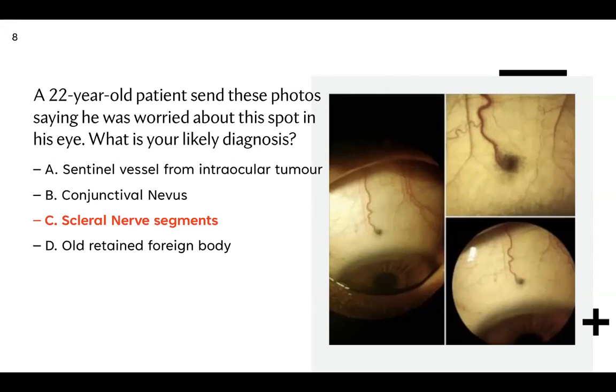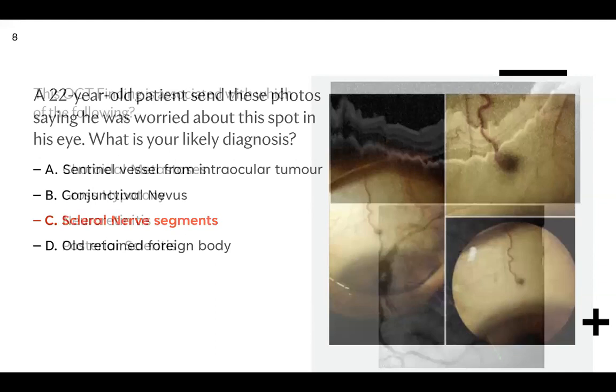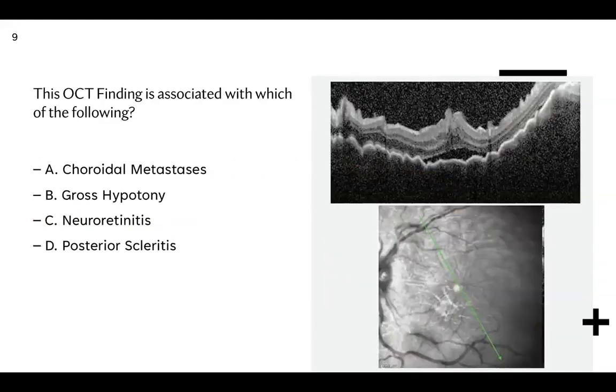Next question is this. This OCT finding is associated with which? Is it A, choroidal metastasis? Is it B, gross hypotony? Is it C, neuroretinitis? Or is it D, posterior scleritis?